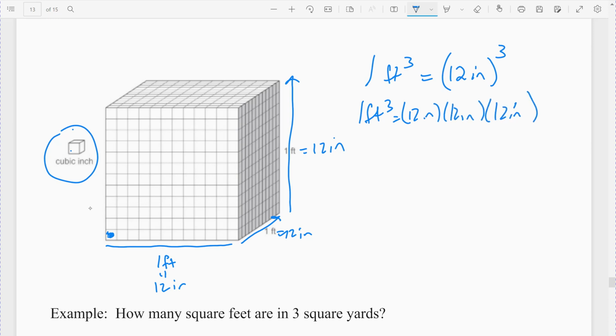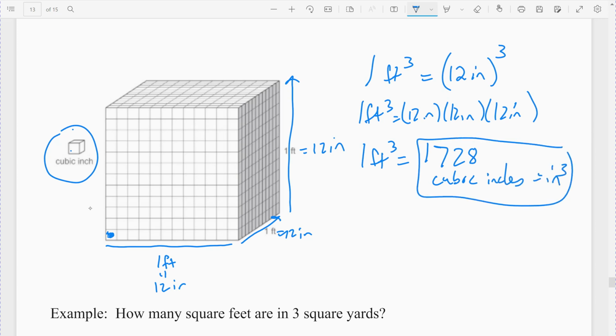That's where we get the cube. Or again, 12 cubed is a fairly large number. 12 cubed comes out to be 1,728 cubic inches. So in this 1 foot cube, there are 1,728 of those little 1 inch cubes.